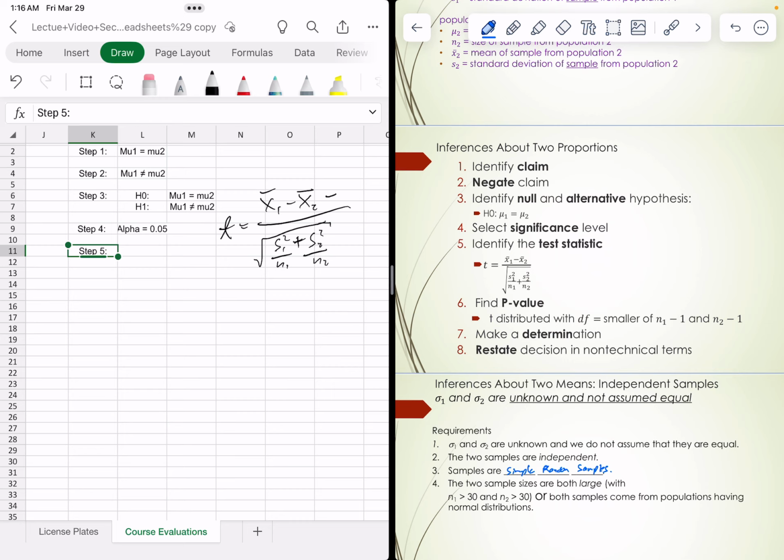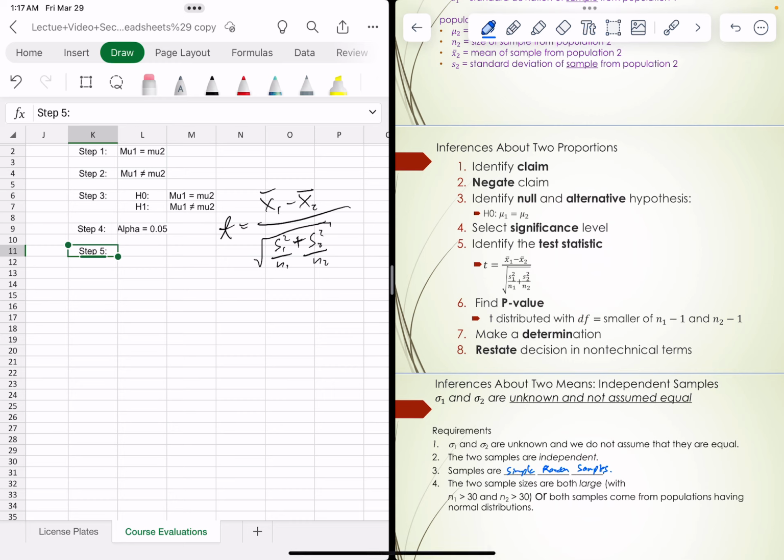Notice that because mu1 and mu2 are the same, my true mean difference is mu1 minus mu2, and that equals 0. Some books have this written out, but I don't see the point of writing it in because we assume the difference is 0. So there's my test statistic.